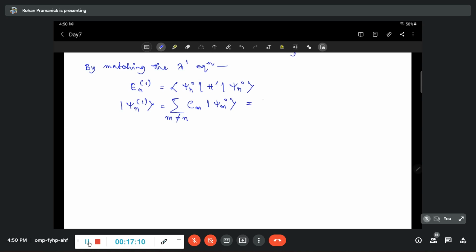This comes out to be the sum over m not equal to n of psi m 0, with the inner product of psi m 0 with H prime and psi n 0, divided by En0 minus Em0.